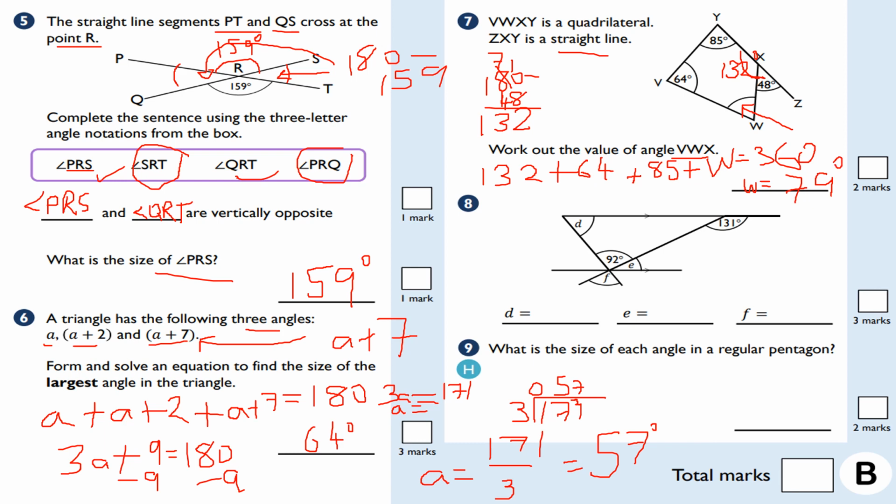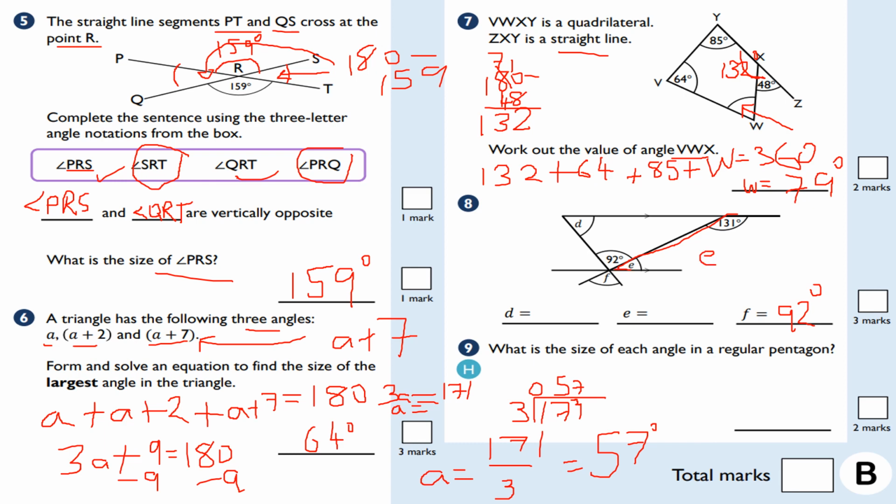This is question number 8, guys. I'm going to work out angle D, E, and F. Okay, so F is equal to 92 degrees because they're vertically opposite angles, so that's straight away done. Okay, to work out what E is, these are what I call allied angles. So this angle here and this angle here have to add up to 180.